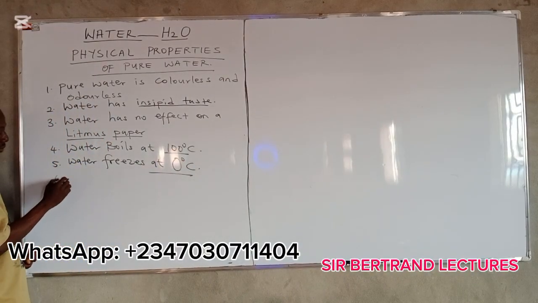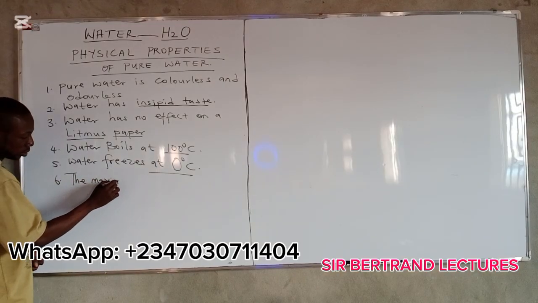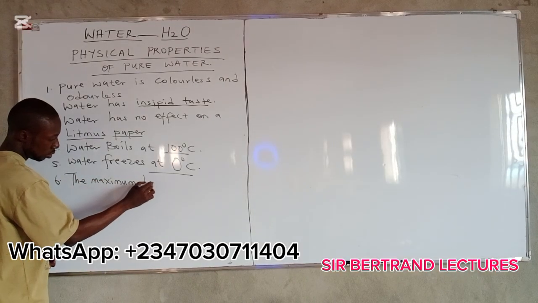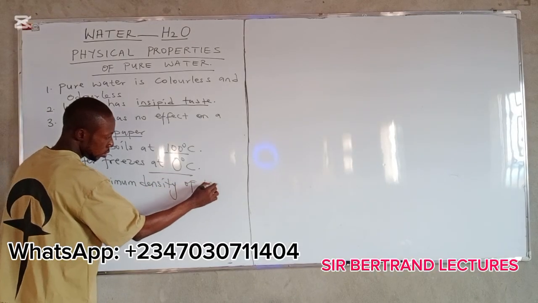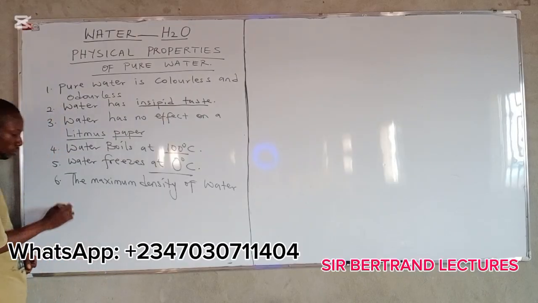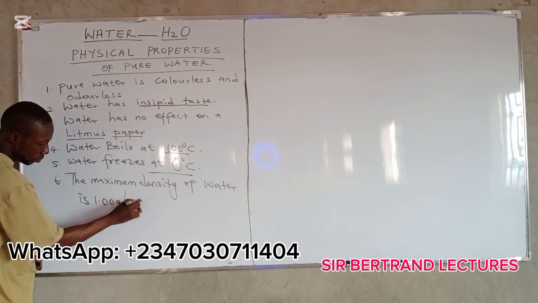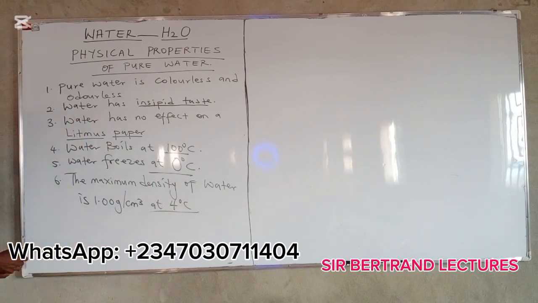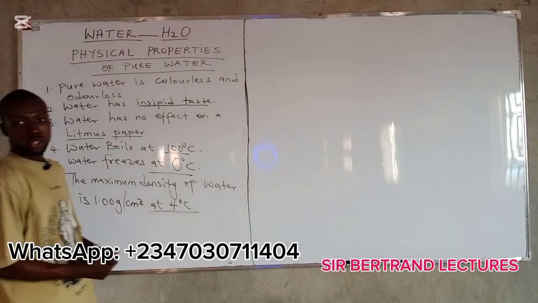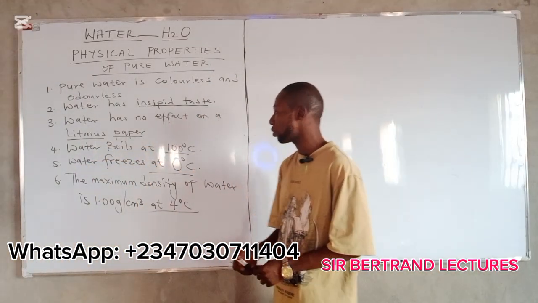Number 6, the maximum density of water is 1.00 gram per cm cube at 4 degrees Celsius.